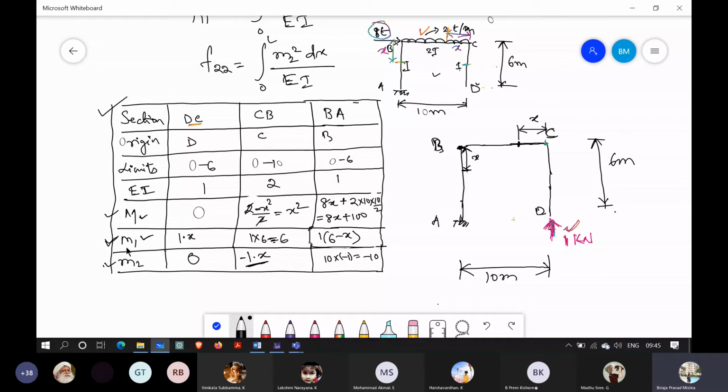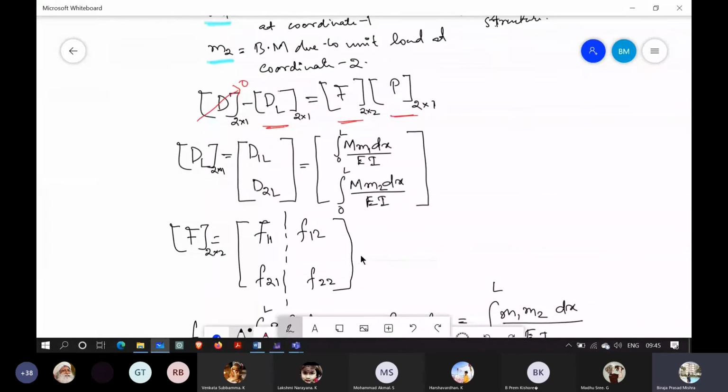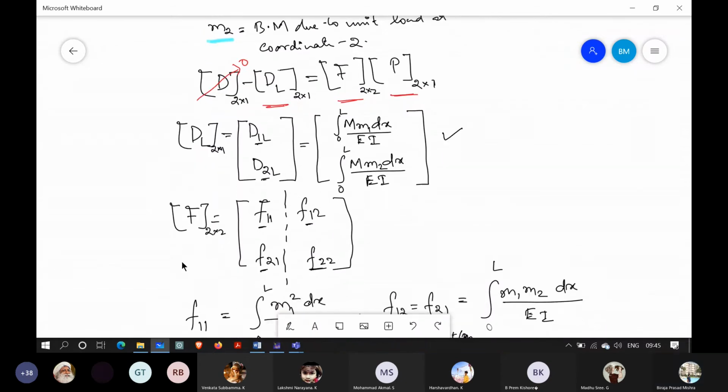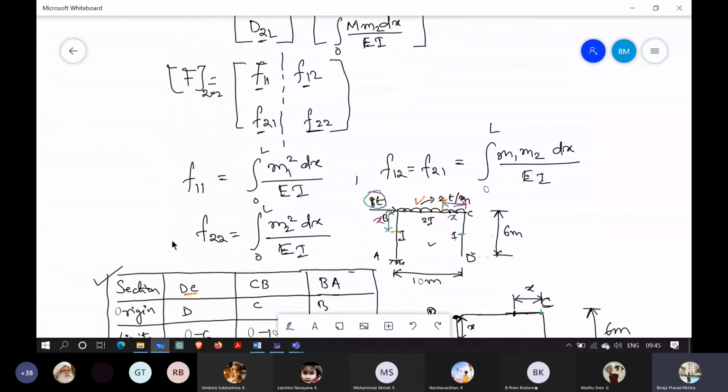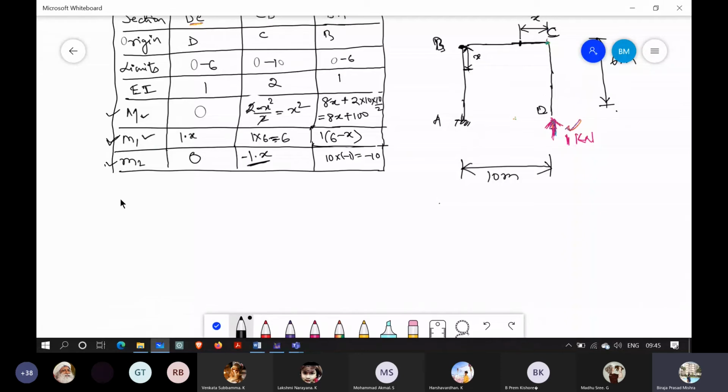Next, we have to determine D1L, D2L, F11, F12, F21 and F22. So let us find out D1L.